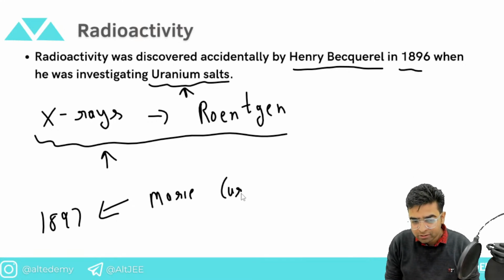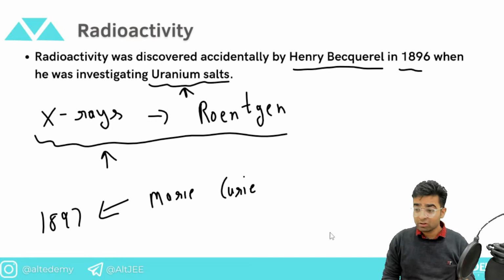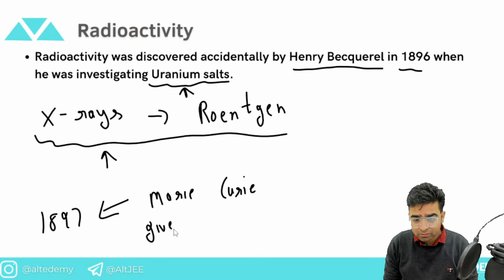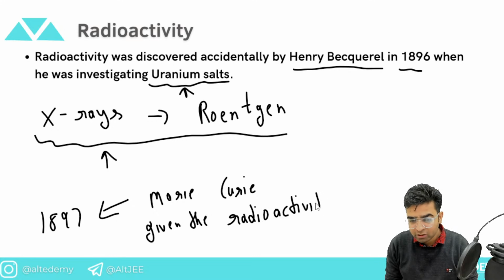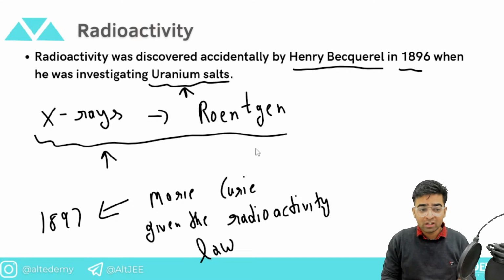Marie Curie gave the radioactivity law in 1897, and in 1896 Henry Becquerel accidentally discovered it by doing experiments with X-rays on the uranium salts. That's how he did it.